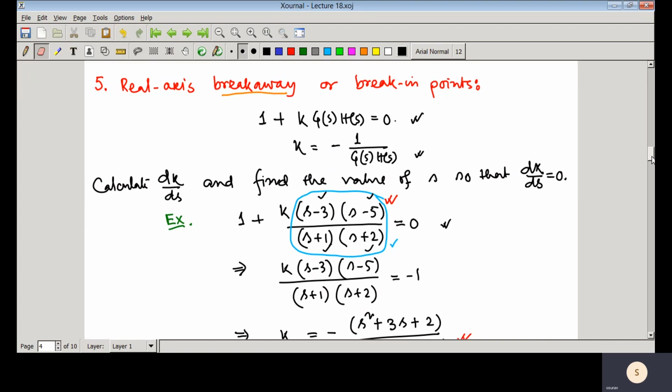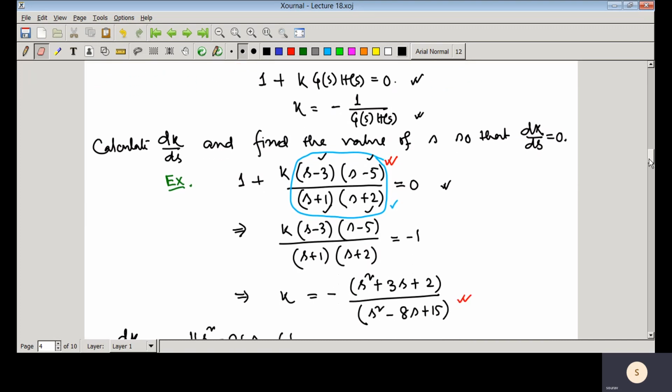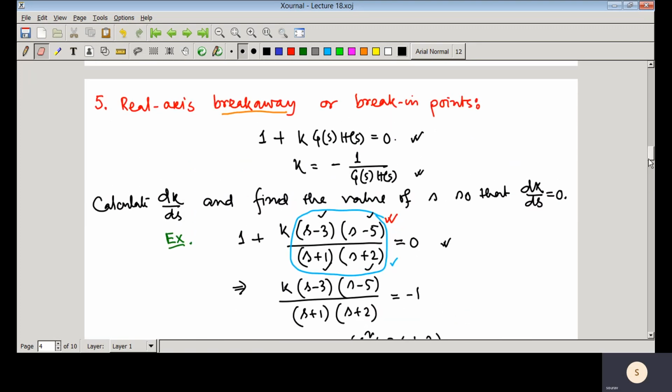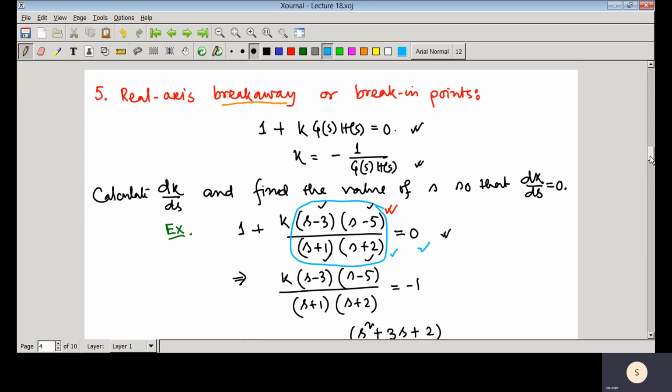So let us start with this example that we solved in the last class, that is how to find the real axis breakaway point or break-in points. This is the characteristic equation we considered, and this is G(s) and H(s).